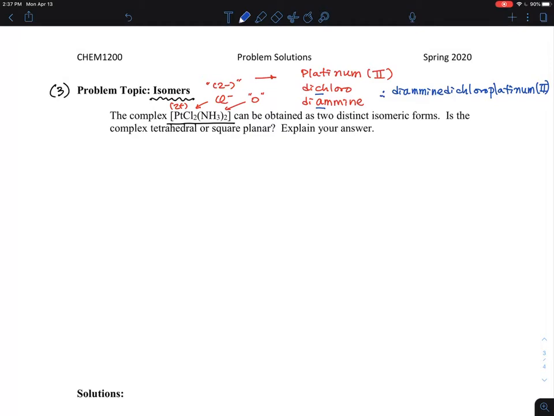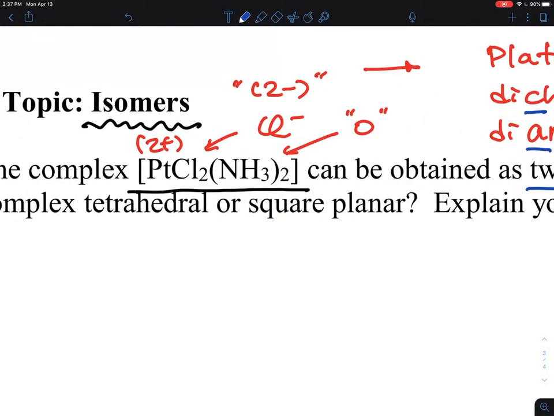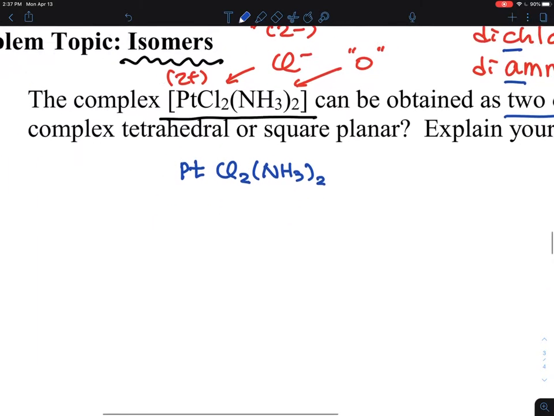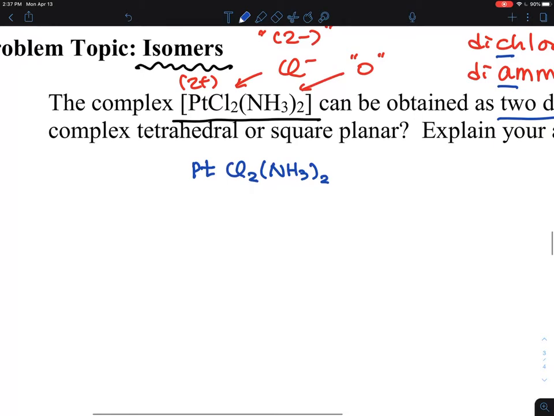So that's another exercise for you. But now, as they said, it has 2 distinct forms. So what you can see from looking at here, platinum has 2 chlorines and 2 NH3, ammonia attached to it. So in a very naive way, there are 4: chlorine, chlorine, NH3, NH3.